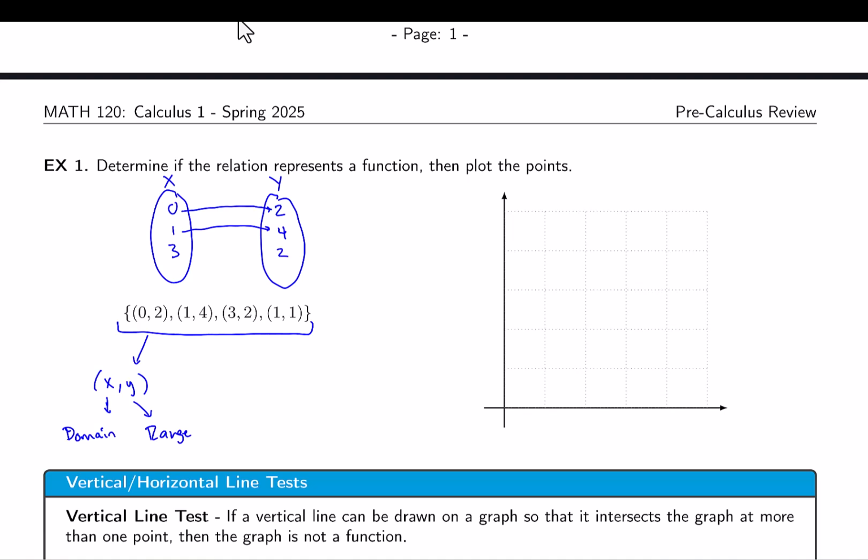Now you don't put another 2 in here, you simply reconnect the 3 up to the 2 that already exists. Because again, set theory says don't repeat values. Then you have 1, 1. So this is really what our relation looks like.